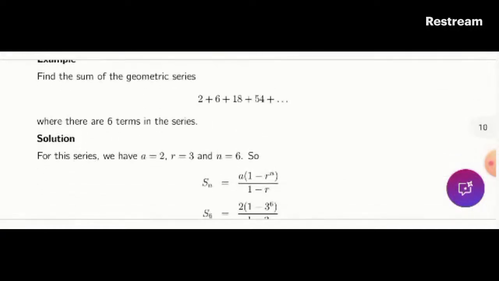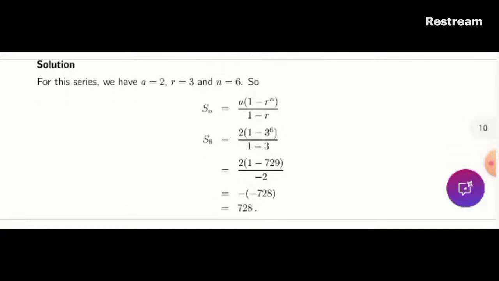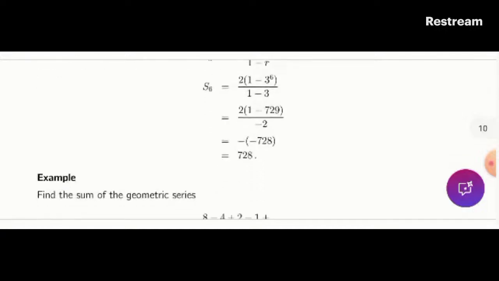So if you want to sum these, guys, for this series we have a equal to 2, r equal to 3, so definitely r is not equal to 1, so our denominator cannot be 0. Then we apply the formula. This is straightforward, anybody can do this, right?